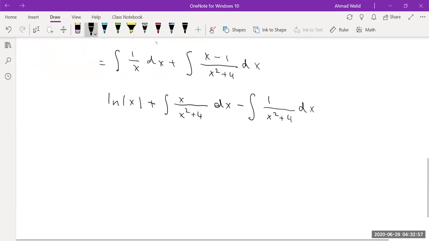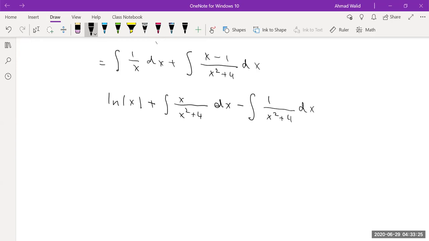Now you see, I told you that sometimes you need your chapter 7 to deal with some integrals. Look at your second integral here. Here, I will use the substitution method. Why am I so fast with it? Because when I look at my denominator and numerator, I see the derivative of the denominator on top.